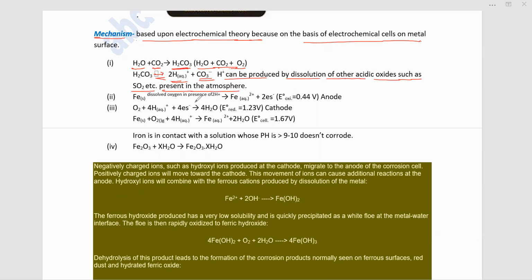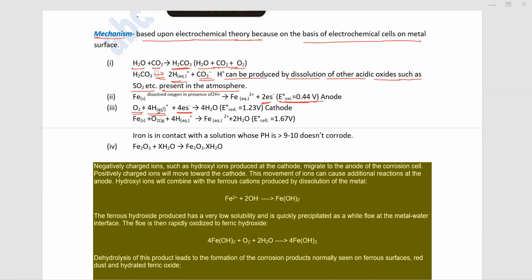Fe in the presence of dissolved oxygen and 2H+ forms Fe2+, and 2 electrons are lost. The standard oxidation potential for this anode is 0.44 volts. At the cathode, oxygen combines with 4H+ aqueous ions and takes 4 electrons.